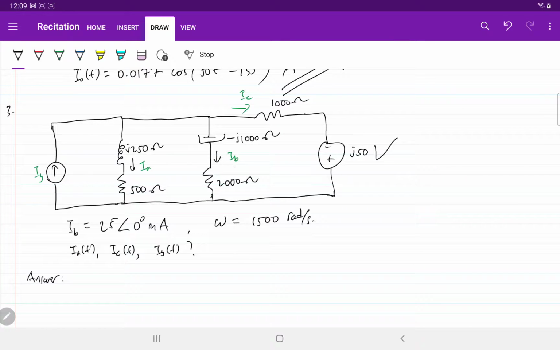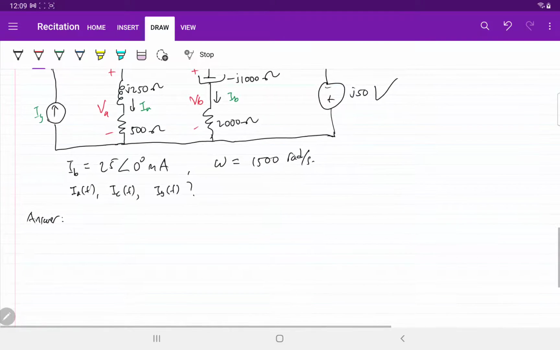So by multiplying the current with the impedance, we know the voltage across this branch right here. Notice that they are in parallel, so the voltage across here, say VB, is the same as the voltage across here, VA, right?